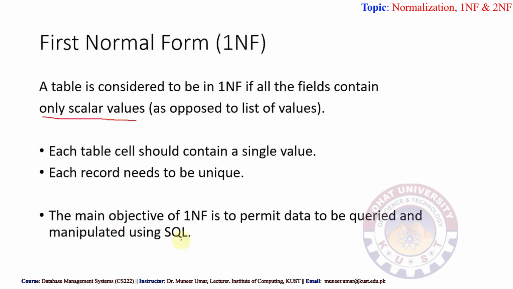When we process the tables through SQL, we need atomic values under each attribute. If there are multiple values under a single attribute, then we may face some errors or problems in our SQL query results.